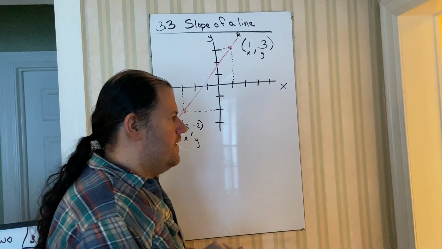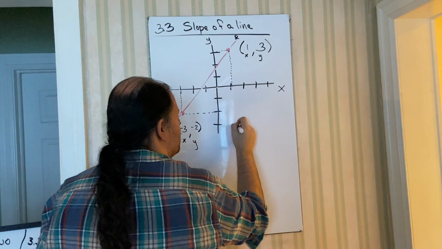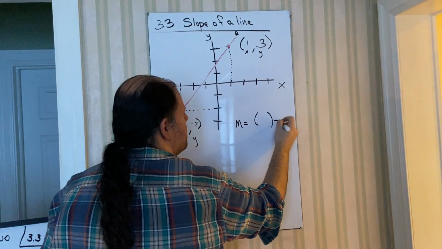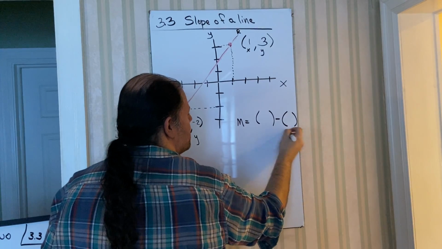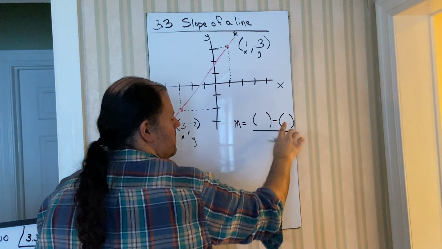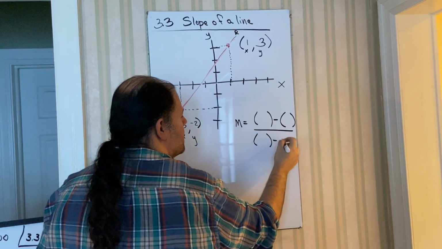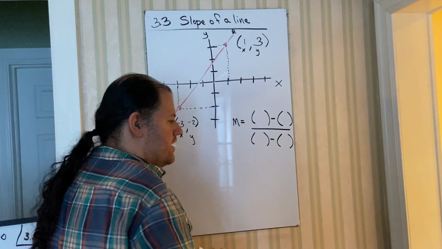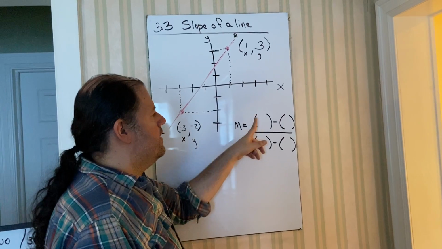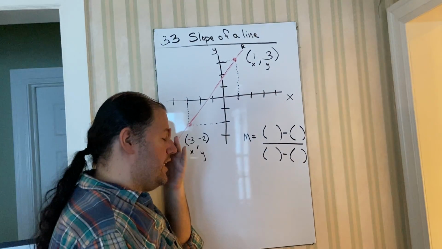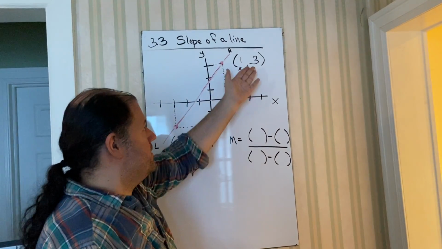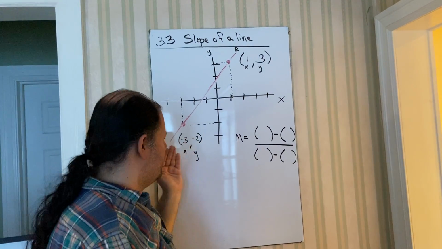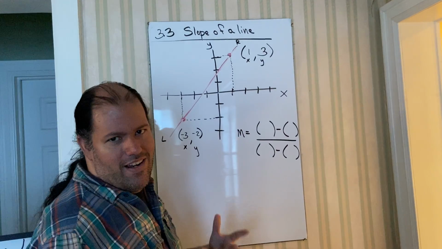Let's calculate it. Remember, we said for us, slope is parentheses minus parentheses. Remember, that's our change in y's over our change in x. Remember, subtraction is change. So now, let's see how my y's change. Now, because these are points, who has to say that this is point number 1 or this is point number 2? We don't care.